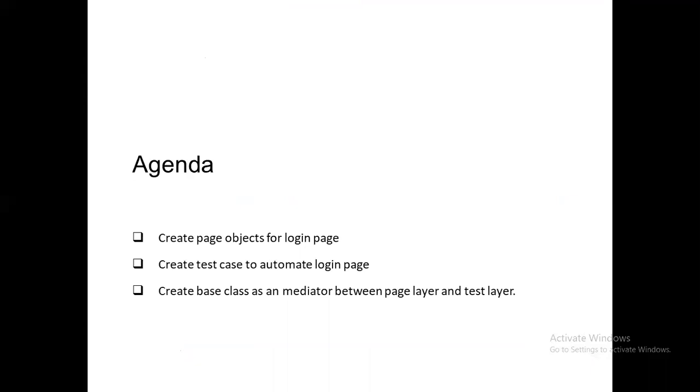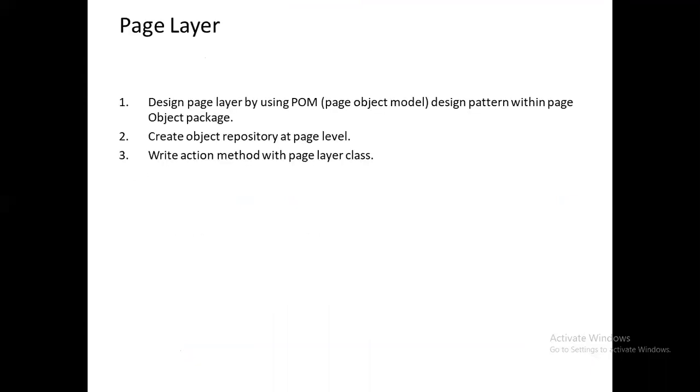Okay. So what was our plan, our agenda? Our agenda was how to create page objects for the login page, how to create test cases to automate the login page, and create a base class as a mediator between page layer and test layer. So we designed the page layer for the login page. We created the page repository at page level.